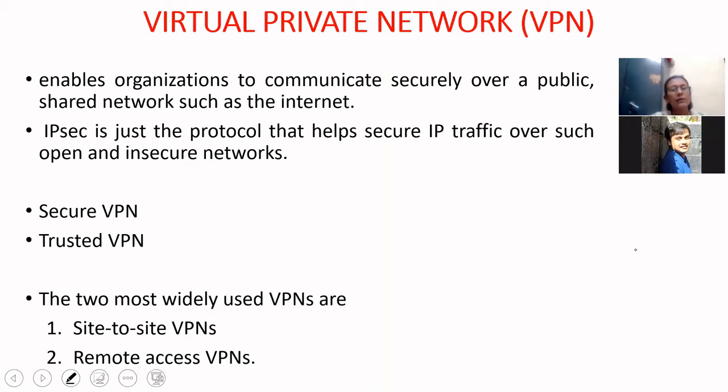Now in VPN literature, we come across two terms, secure VPN and trusted VPN. What is a secure VPN? A secure VPN uses cryptographic techniques to provide not just confidentiality, but also authentication and message integrity.